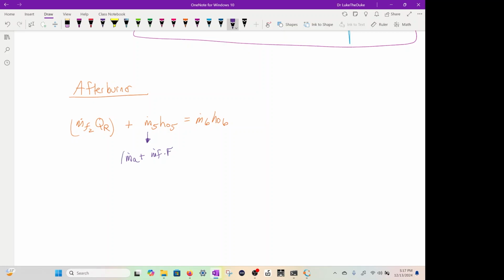Then this is m_a plus this fraction times F, plus m_f2. So it's the air leaving, a fraction of the fuel that wasn't burnt up, and this new fuel.